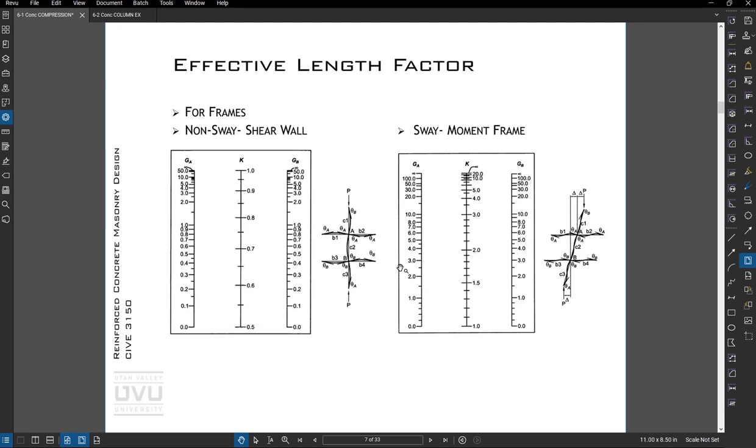For more complicated building systems, which all of our columns will be in, we're actually going to use this nomograph, which relates the stiffness of the beams and columns at the top and bottom to get our K. For a shear wall system that's non-sway, we'd have a K between 0.5 and 1. For moment frames, we're going to have a K between 1 and theoretically infinity, though something that flexible wouldn't stand up under its own load anyway.